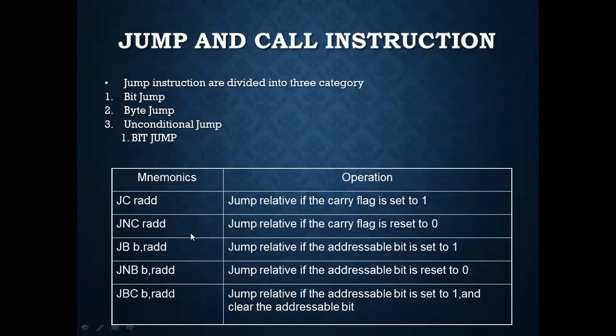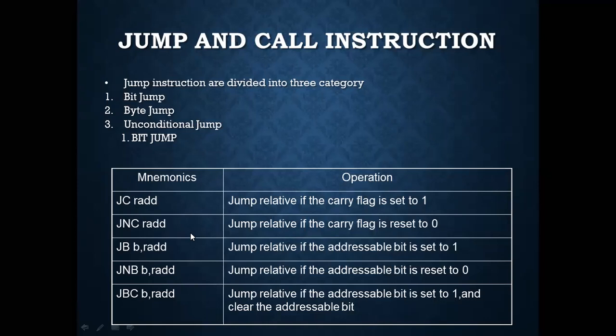Now JB bit comma relative address, that is jump relative if the addressable bit is set to 1. Just remember that there are some bit addressable memory locations in the internal RAM area.